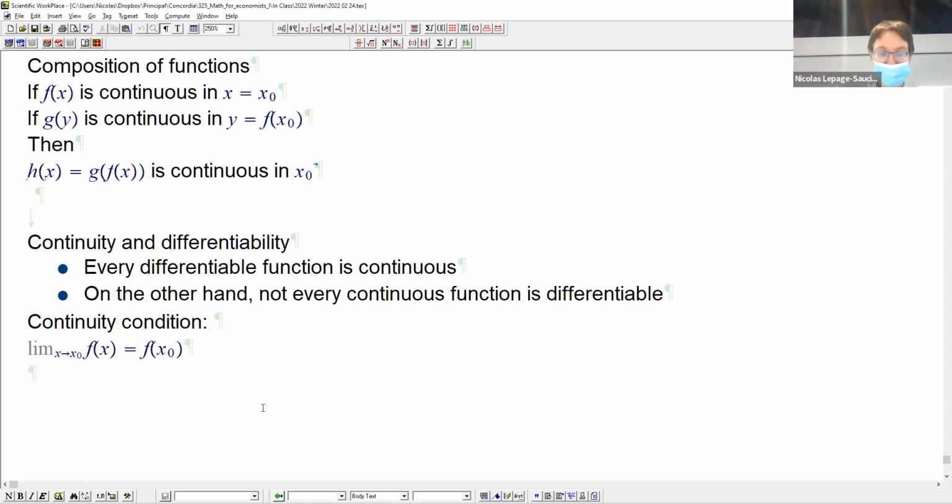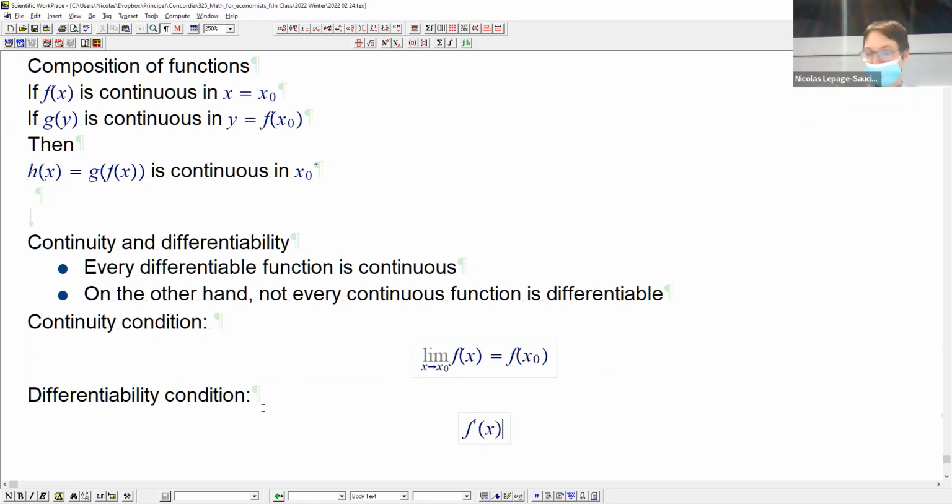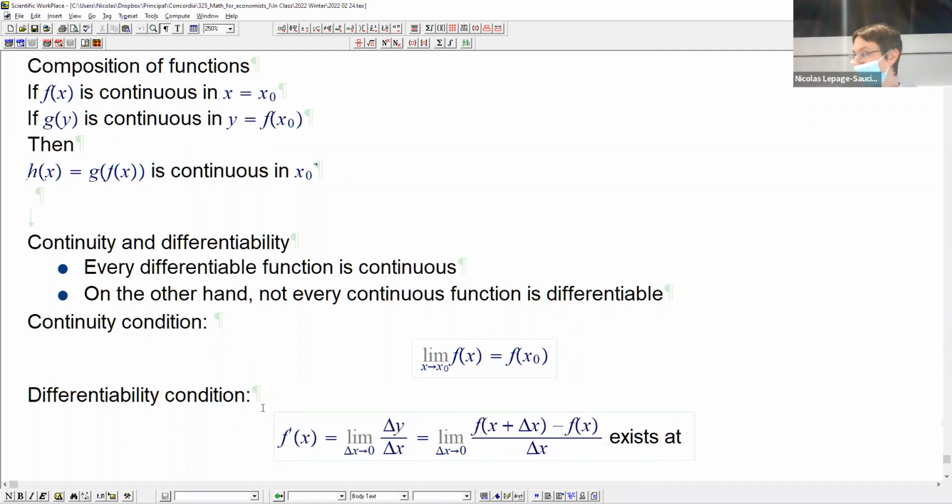And then the differentiability condition. That's what f prime of x equals: the limit as delta x goes to 0 of delta y divided by delta x, which is also equal to, if I substitute back what my expression was initially, f of x plus delta x minus f of x over delta x, exists at x0.